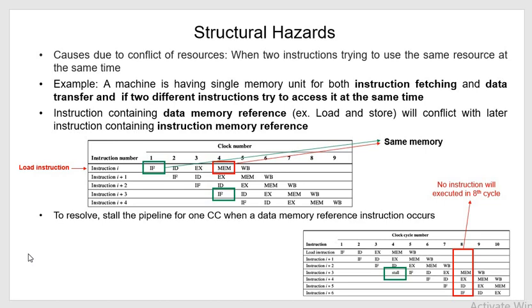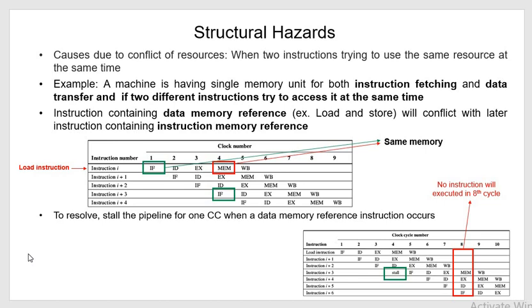The most common instance of a structural hazard arises when some functional unit is not fully pipelined. To convert an unpipelined design, each unit has to be synchronized with the pipelined structure.